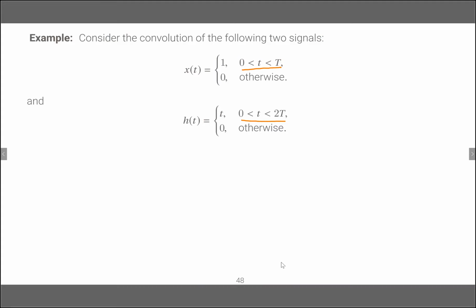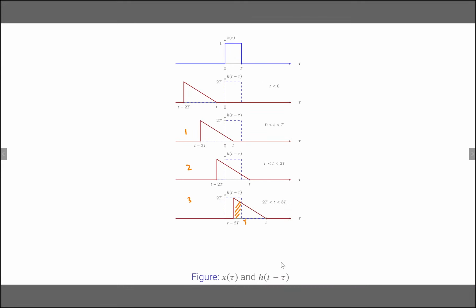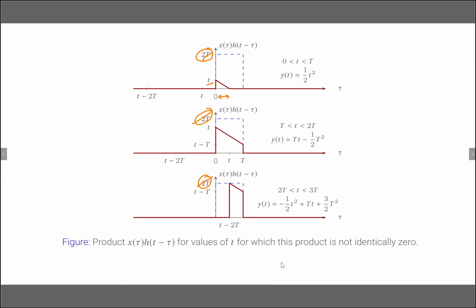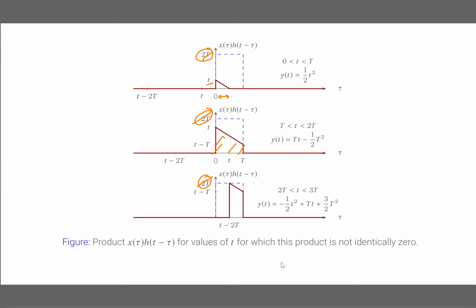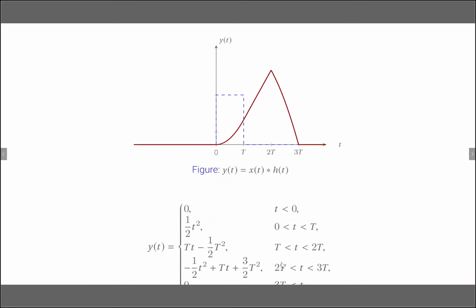It's just given as 1, yes. Okay, so for this the area, you can write this area as tT minus half capital T squared, and then this area also you can compute like this. So with this we can write y(t) as this.